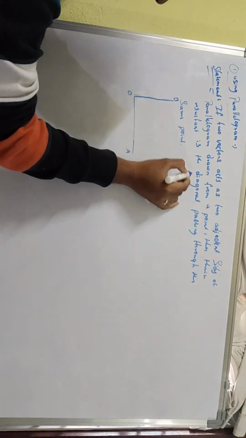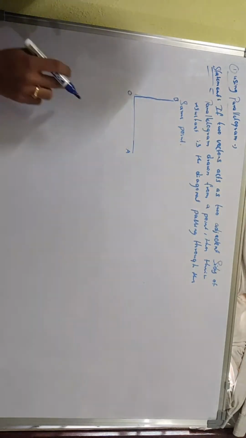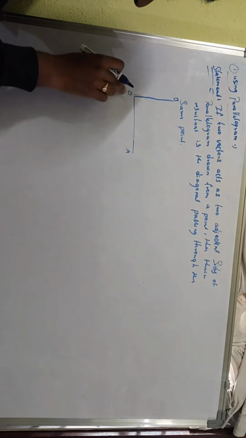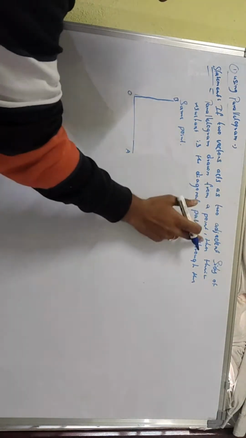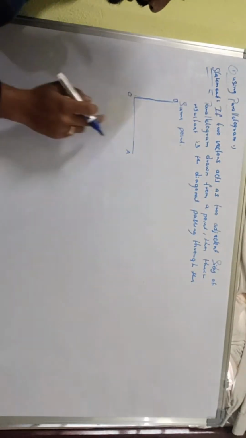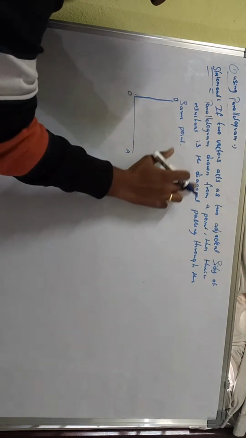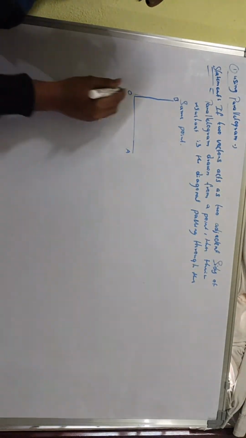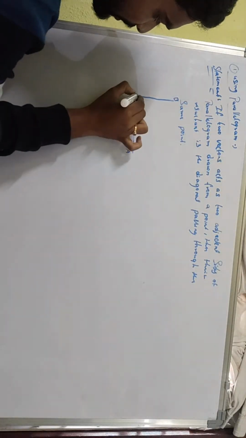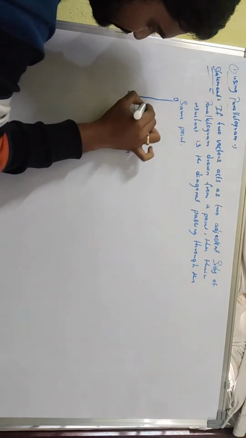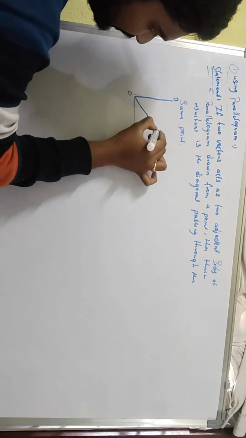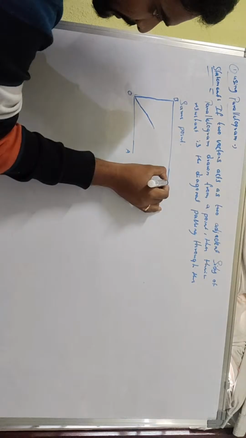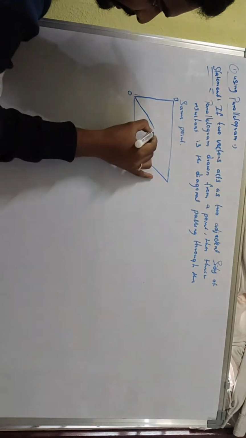Then the resultant is the diagonal passing through the same point. These two are the points and the starting point is here, O. Then the resultant is the diagonal. It is a parallelogram diagonal passing through the same point, and when we join these two, it looks like this.